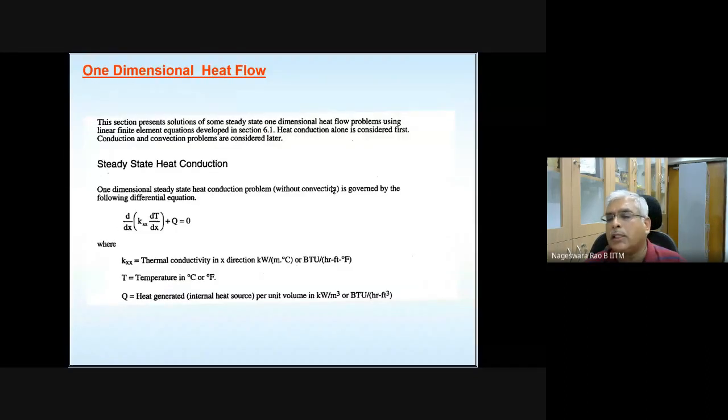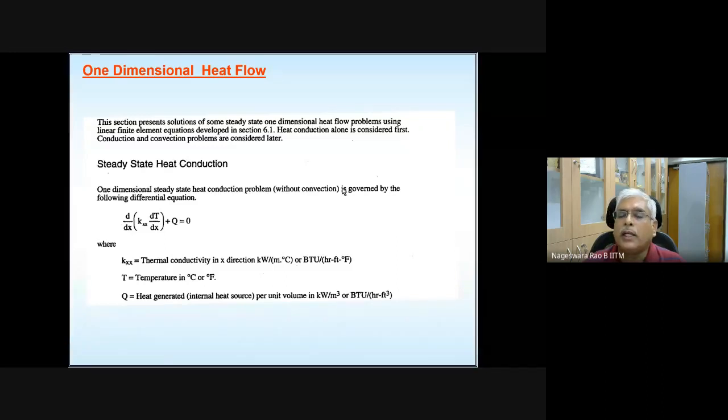And then the specific cases, because here there are students from other branches, aerospace, metallurgy and others. Whatever finite element knowledge you are gaining, you should also see its application, not necessarily for structural engineering, but for any other field.